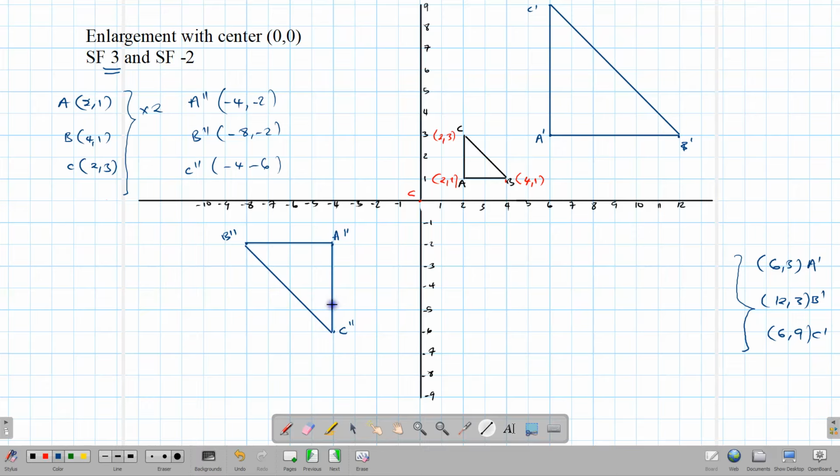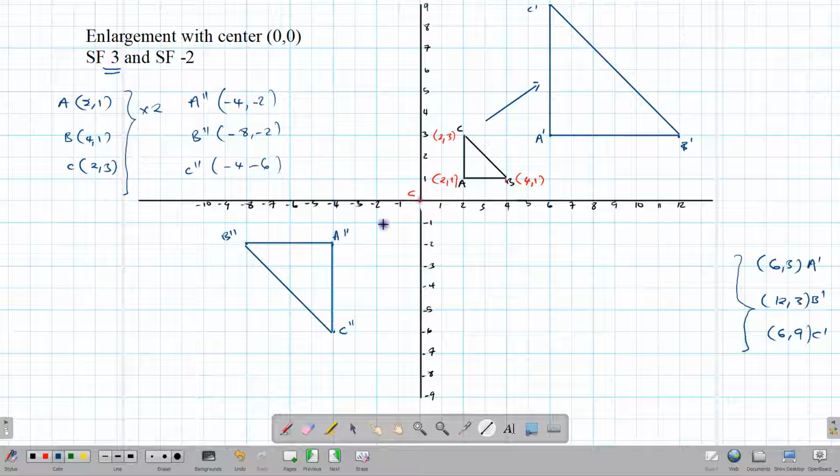Now, pay attention to what's going on here. Notice that with our positive scale factor, the image is in front of the object. The scale factor pushes the image that way. It's bigger and it's in front of it. With the negative scale factor, though, the image is on the other side of the center.